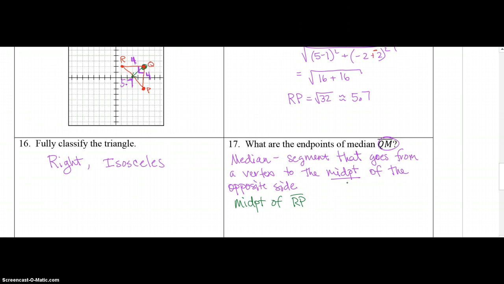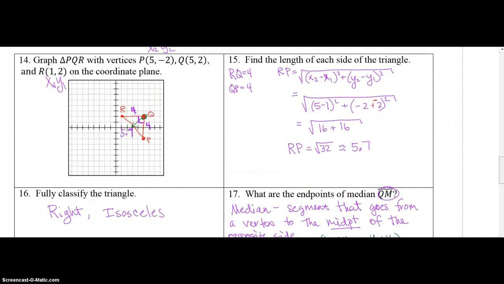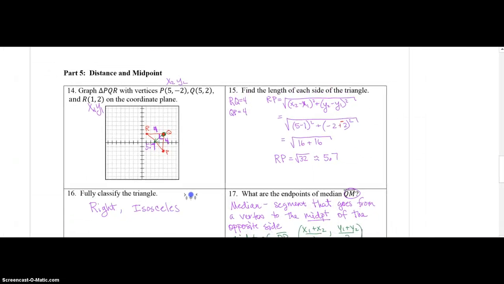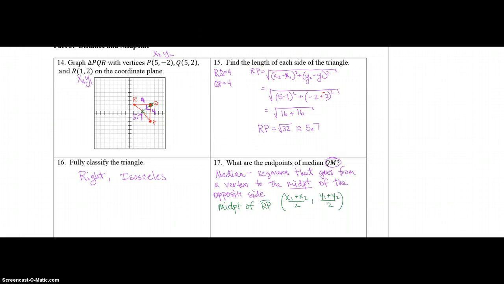How do you find the midpoint? The midpoint is just like finding the average to find the middle. So we are going to average the x's, so add them up, divide by 2, and we are going to average the y's and divide by 2, and that's going to give us a point. So if I'm looking at R and P, again, I'm going to go up here to my original problem where it has the coordinates, R and P. I'm just going to take the x's, 1 plus 5 divided by 2, and the y's, 2 plus negative 2 divided by 2.